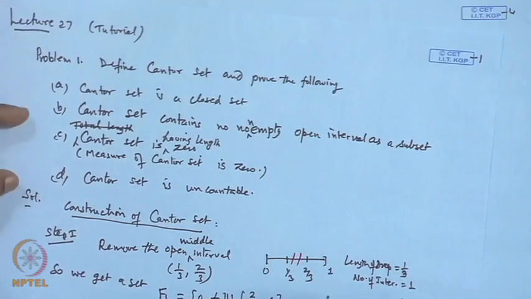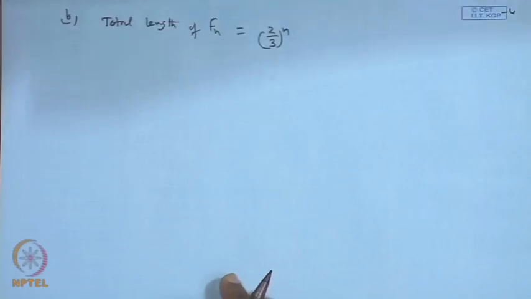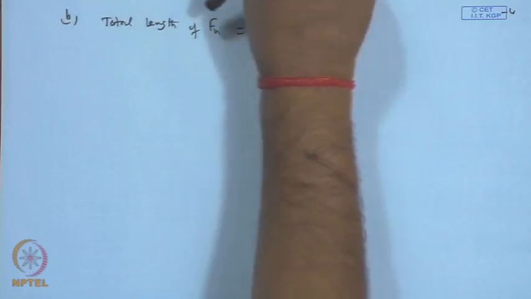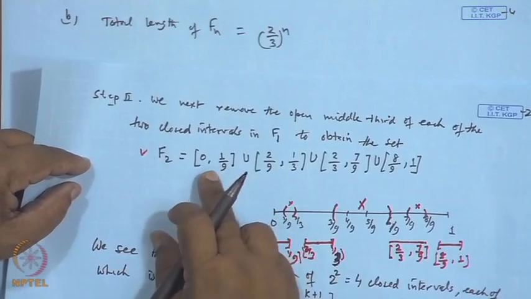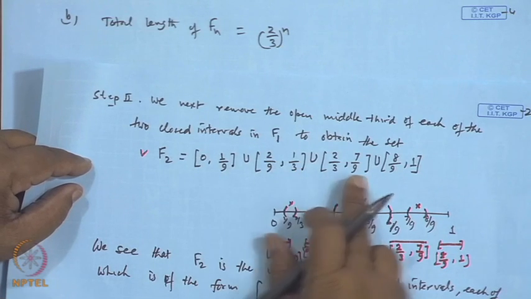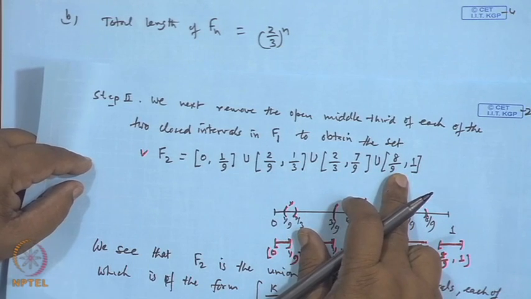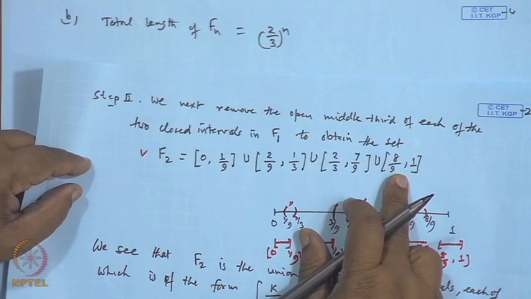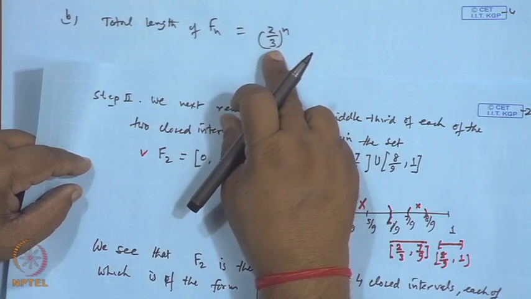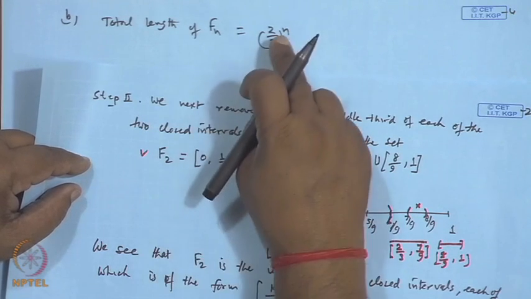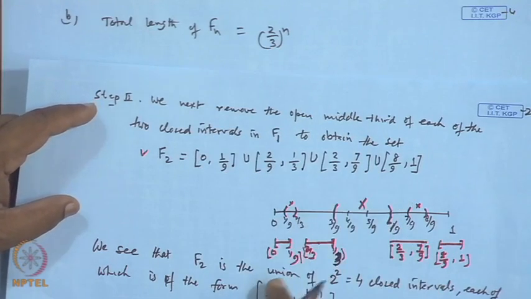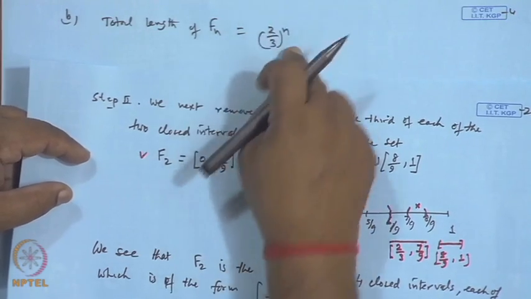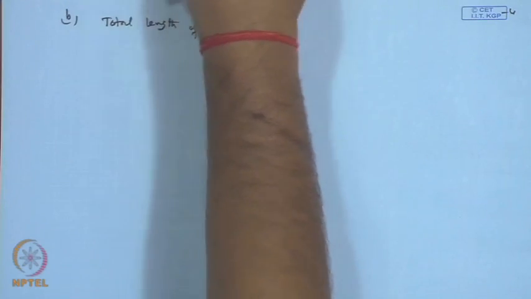When n is 2, there are 4 intervals of length 1 by 9, so it is 2 square by 3 square, that is 4 by 9. Similarly, F n has length 2 by 3 to the power n.